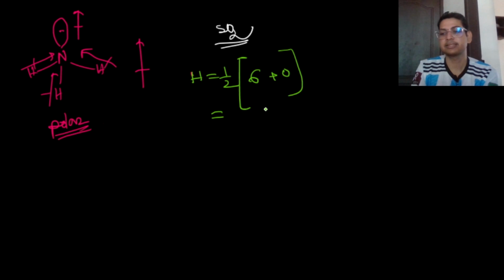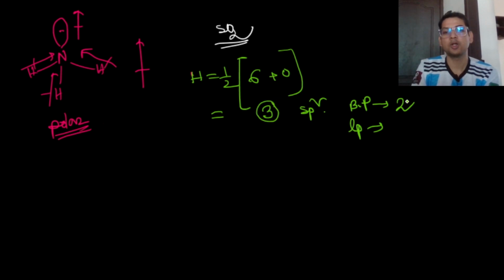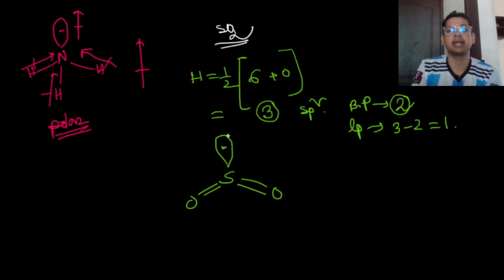So half into 6, that means 3, means sp2. Sir, bond pair 2 oxygen, so bond pair is 2, and hybridization value is 3, so lone pair is 3 minus 2, that means 1. So it looks like this, S double bond O and a lone pair like that.